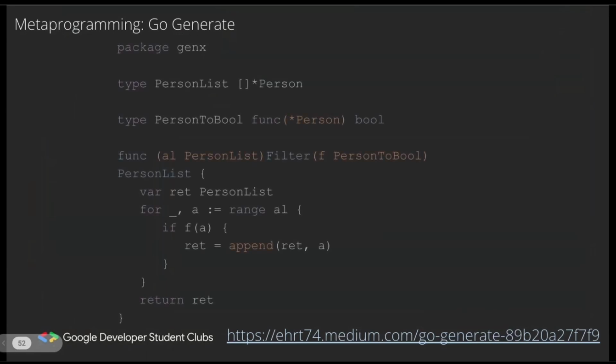So here's the generated code that was the result of that. You can see we now have a person list with the filter method as well. This type of code generation is really helpful, and it's used quite extensively by projects like Kubernetes to generate code that might be quite repetitive and tedious to write by hand.